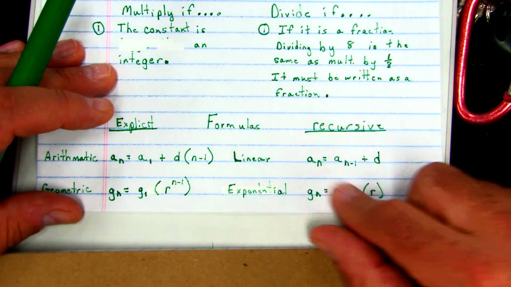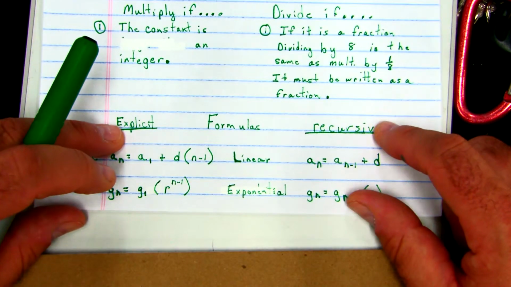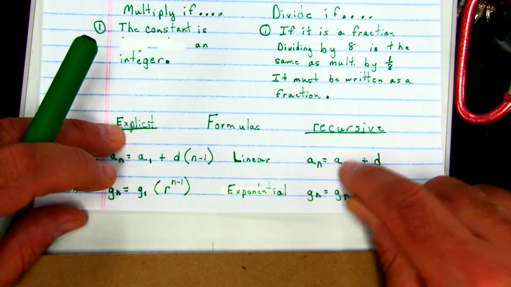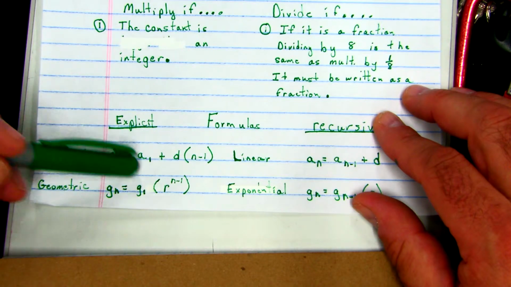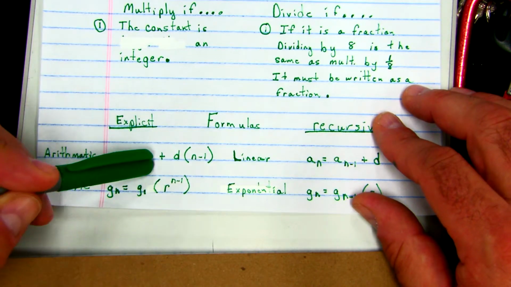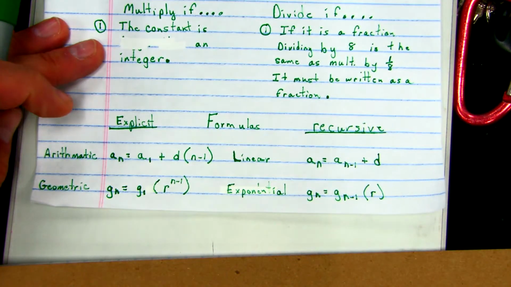So it's the information they give you that causes you to pick which one. If they give you the term before what you're looking for, you're going to use recursive. If they give you the first term, then you're going to use explicit. If they give you both, you can pick. You're going to get the same answer either way.